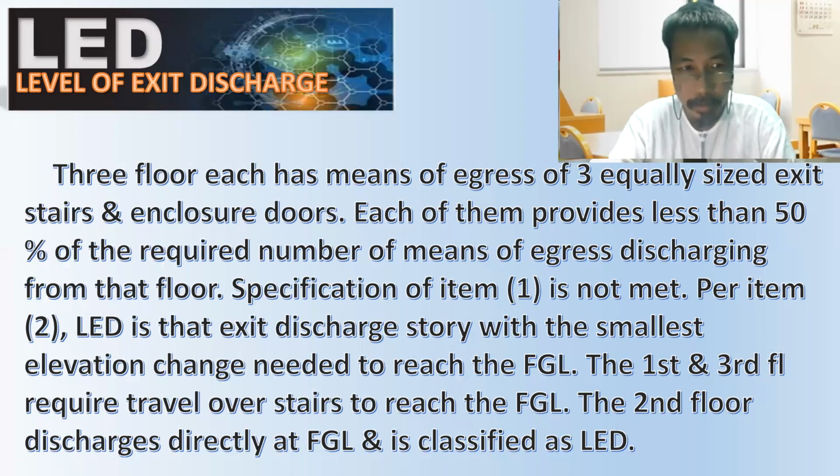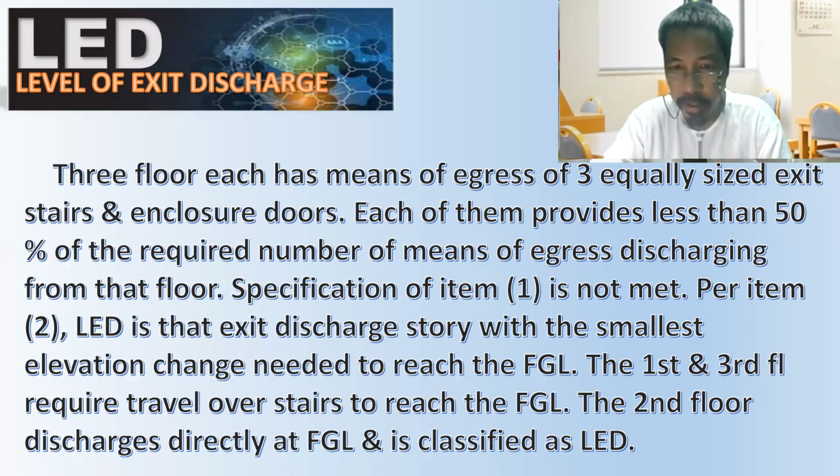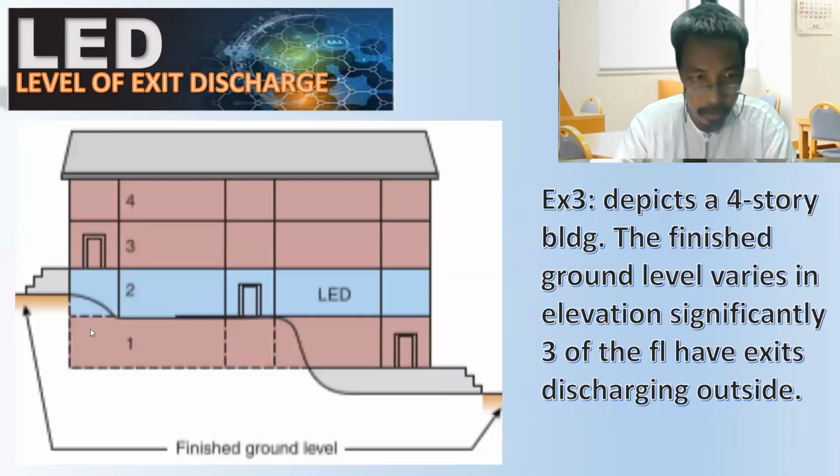In item number 2, the level of exit discharge is that exit discharge story with the smallest elevation change needed to reach the finished ground level, or the ground level. So we can see the finished ground level. Which one has the smallest elevation change?